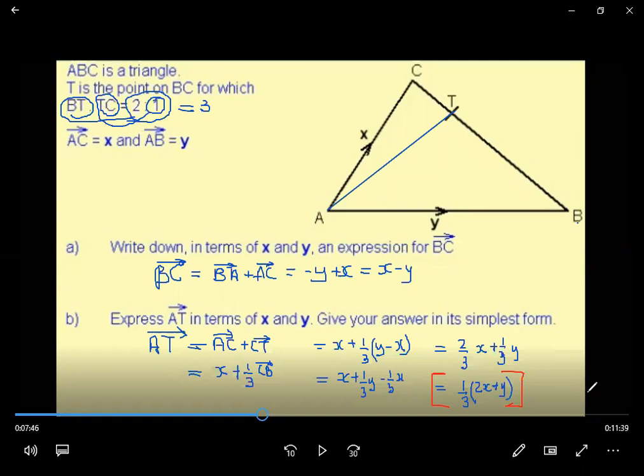But for a question that requires you to do collinearity and prove parallelness, it's best to practice to do it this way. All right, any question? Any question?